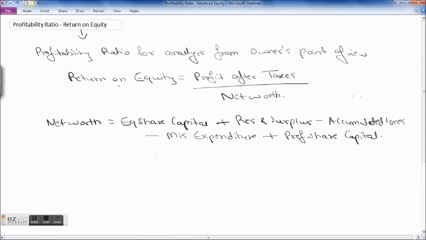Okay, so basically net worth is, in this formula if we calculate net worth, it will be your shareholders fund minus accumulated losses and miscellaneous expenditure.